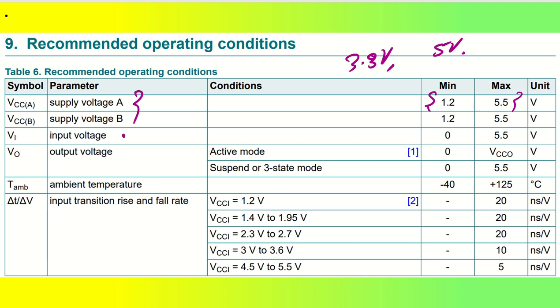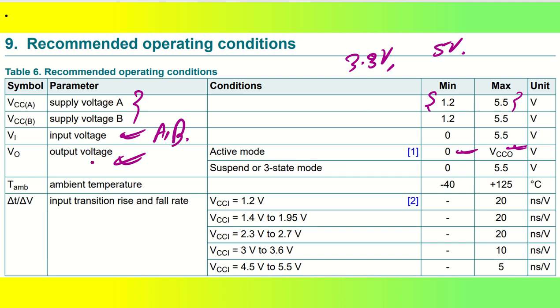Similar to that, we have input voltage which comes into the A and B inputs, where we give the PWM signal or logic signals. That will take 0 to 5.5, whether it is 0 or 5.5. Output voltage level in active mode will be 0, or otherwise VCCO, that is the output voltage level of high logic.